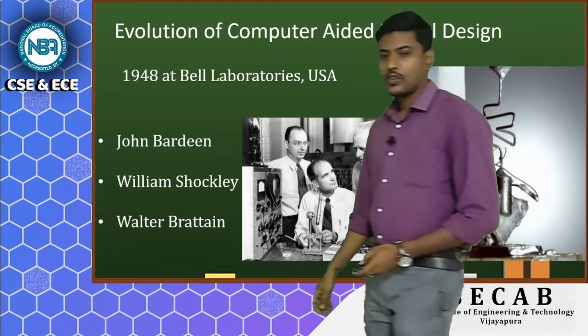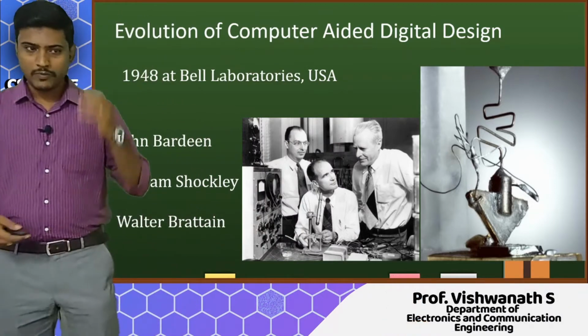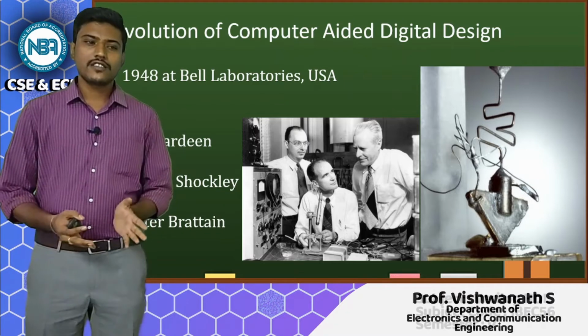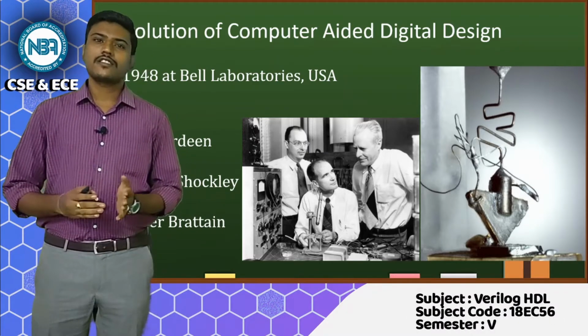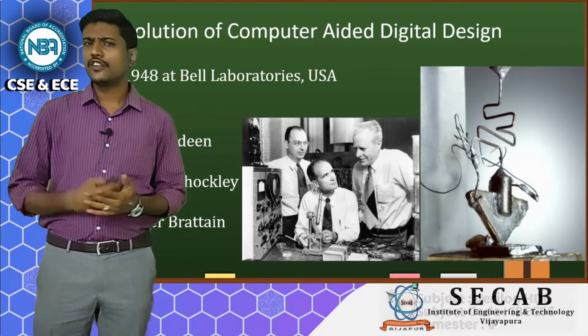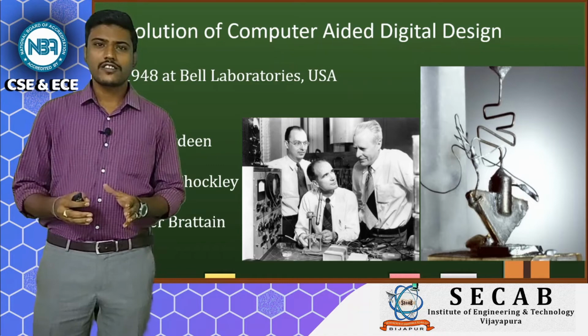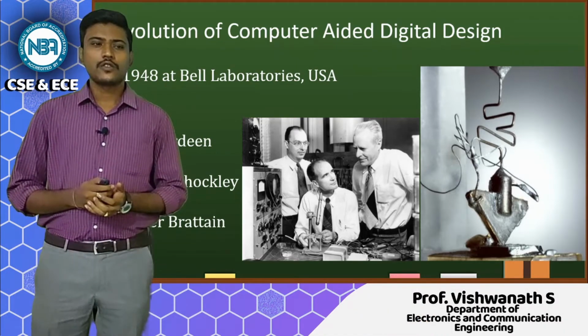With the invention of this transistor, as you might have seen, everything in electronics is made up of transistors. Transistors have played a very huge role by bringing these electronic devices into the current scenario.